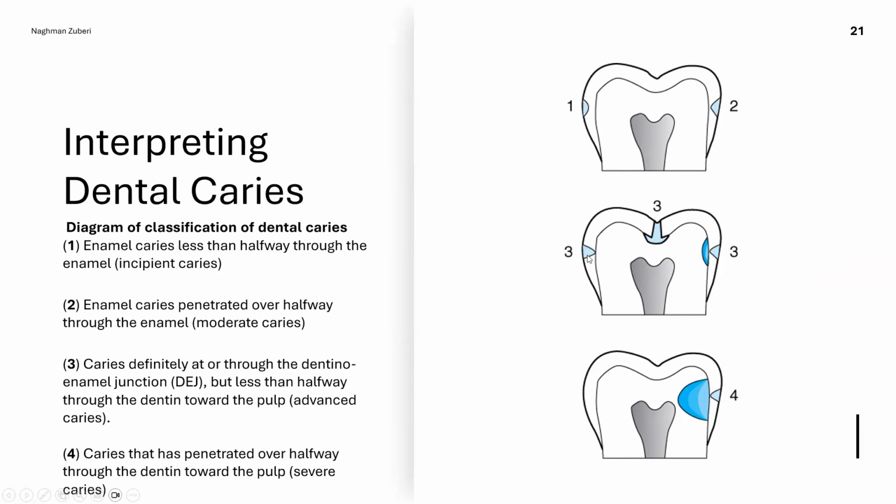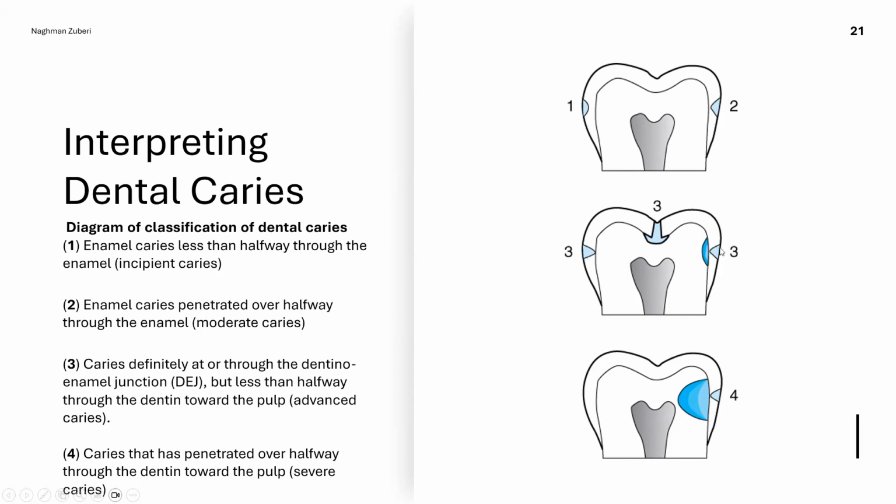No matter if it is just the initiation of the caries, or it is halfway, or is approaching the dentino-enamel junction like over here, the enamel caries on the smooth surfaces or in the proximal areas will appear in the shape of a triangle. A triangle whose base will be towards the outer surface, and the apex will be towards the dentino-enamel junction.